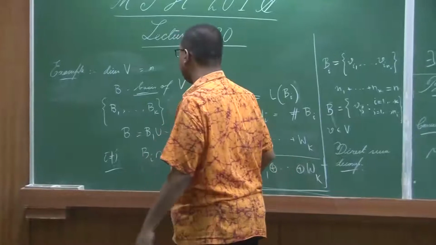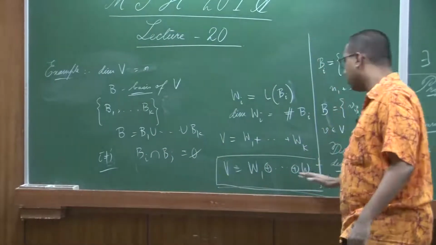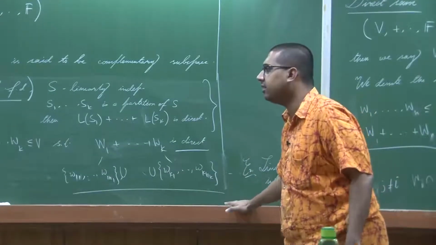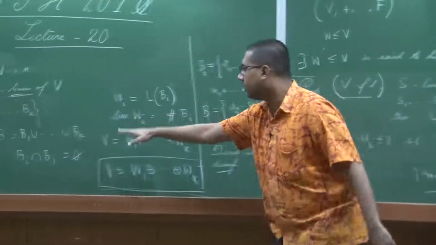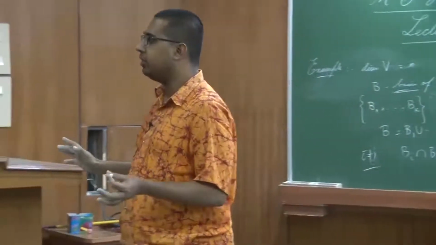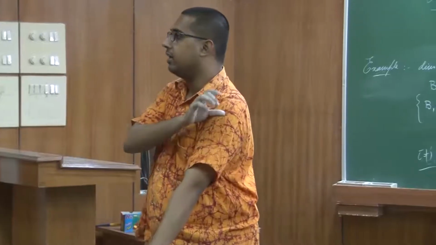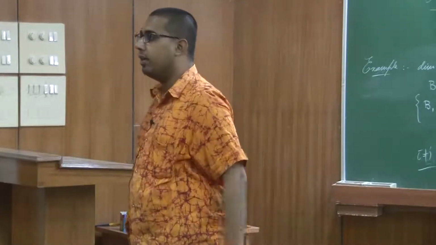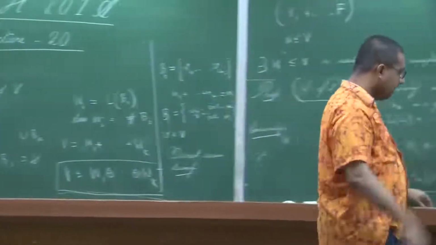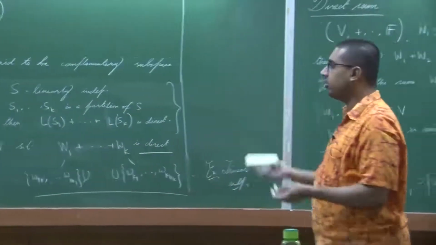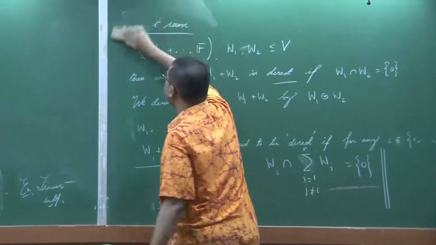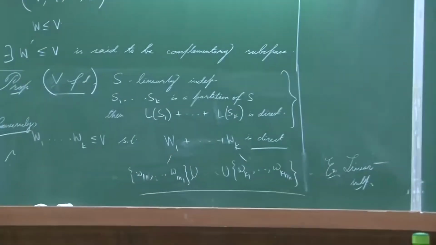So, every direct sum decomposition of V has to be obtained from a partition of the basis, and starting with a partition of the basis, we get a direct sum decomposition of V. Thus, direct sum decompositions of V into subspaces are equivalent to partitioning the basis of V in a suitable manner.